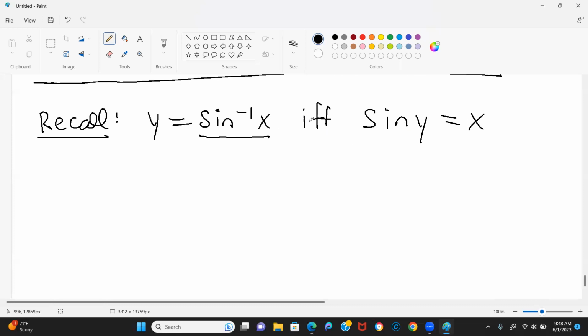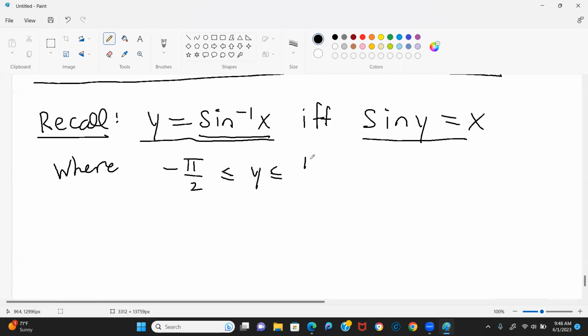So this equation holds if and only if this equation holds where we're considering y between negative pi over 2 and pi over 2. Remember, the sine function itself does not have an inverse because it's periodic. But if you restrict the domain of the sine function to this interval, you will get an injective function.